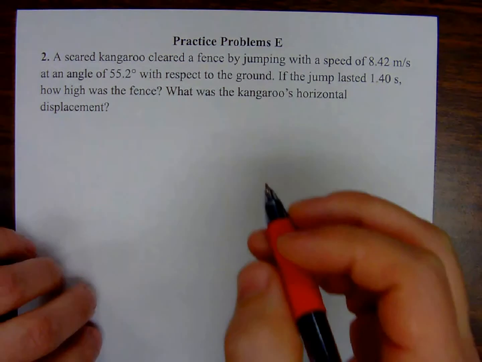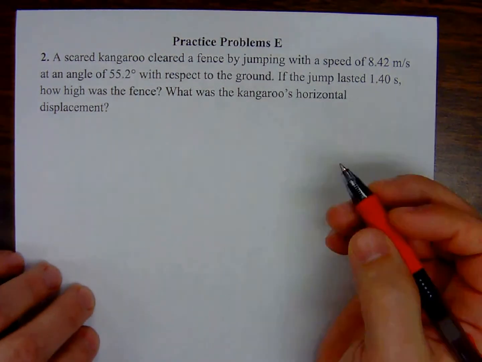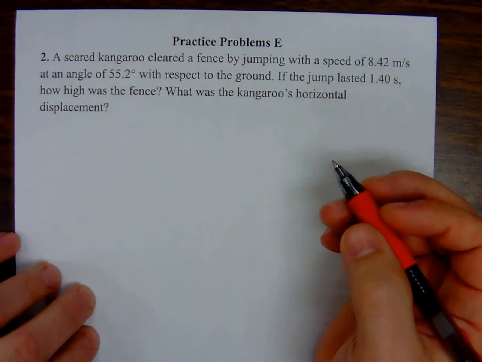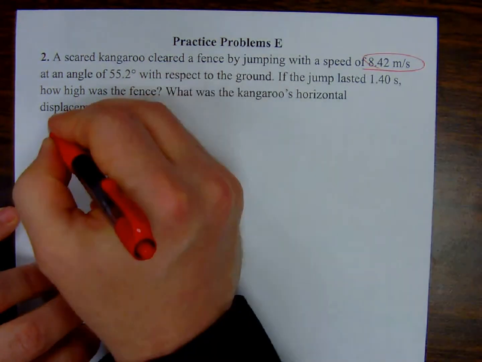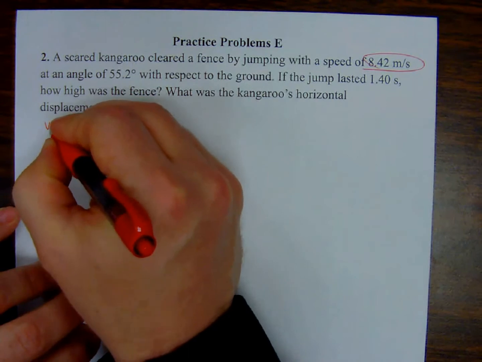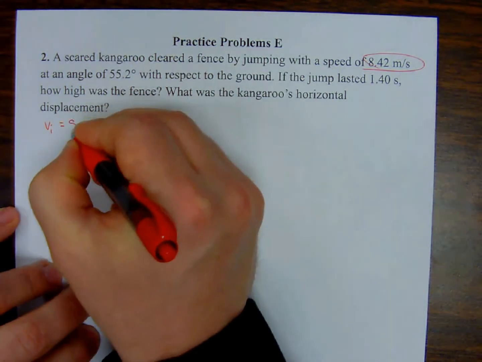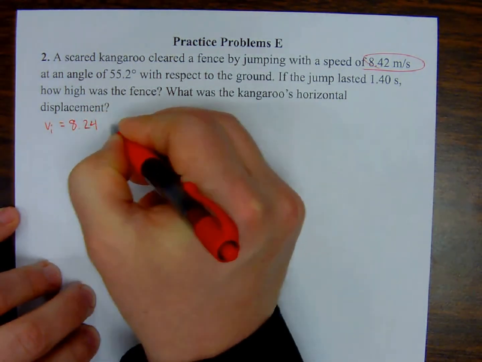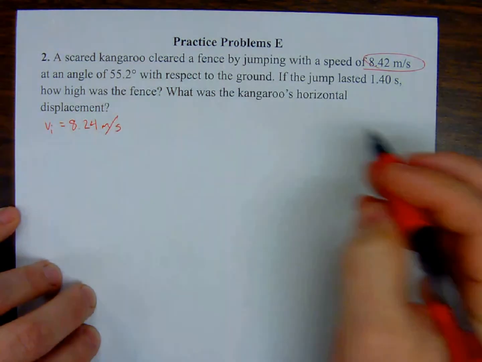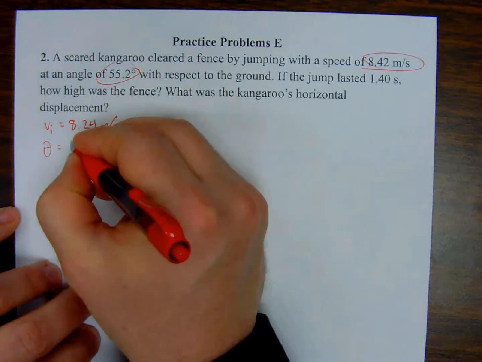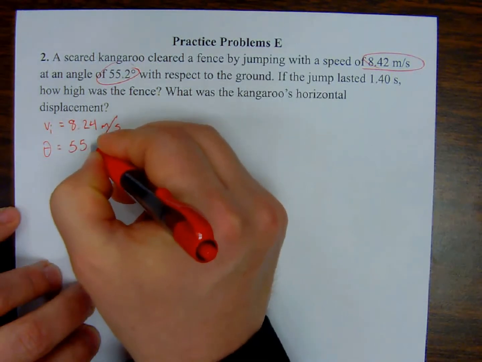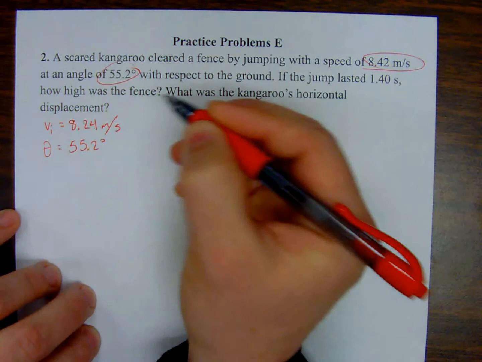So let's take stock of the things that we know here. We know that we have an initial velocity. We know that we have an angle to work with. We know that we have a time.